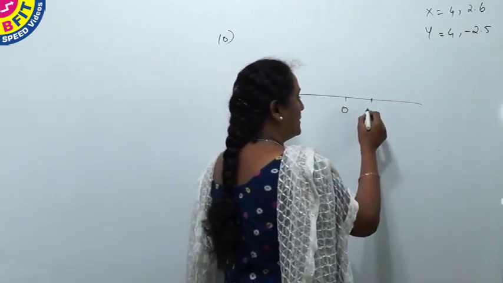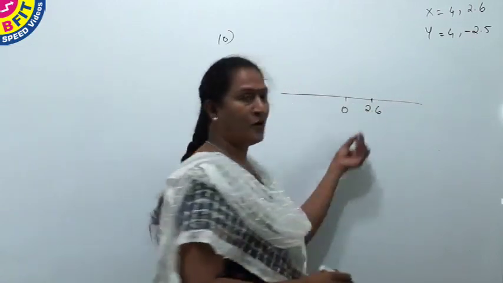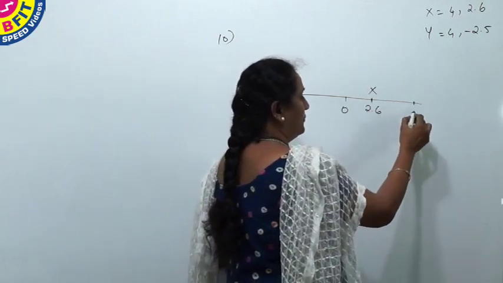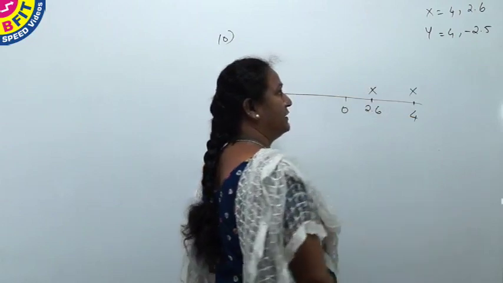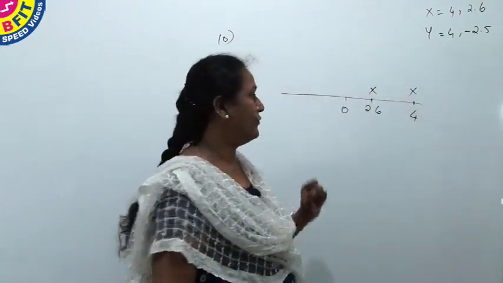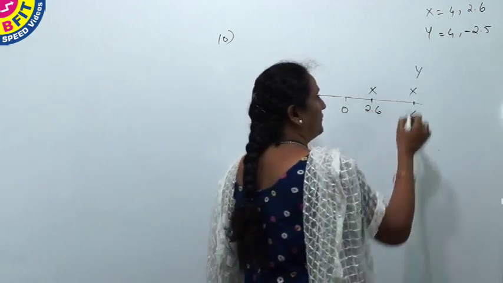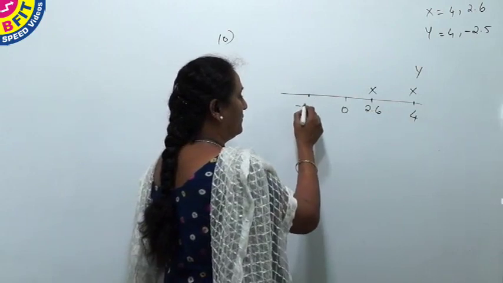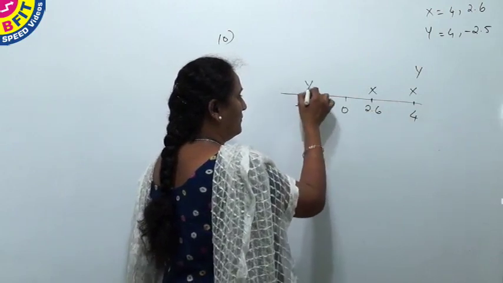So write 2.6. So assuming 2.6 is here, we'll place x and 4. So x is placed here. And y has one of its values as 4 and the other value is minus 2.5.